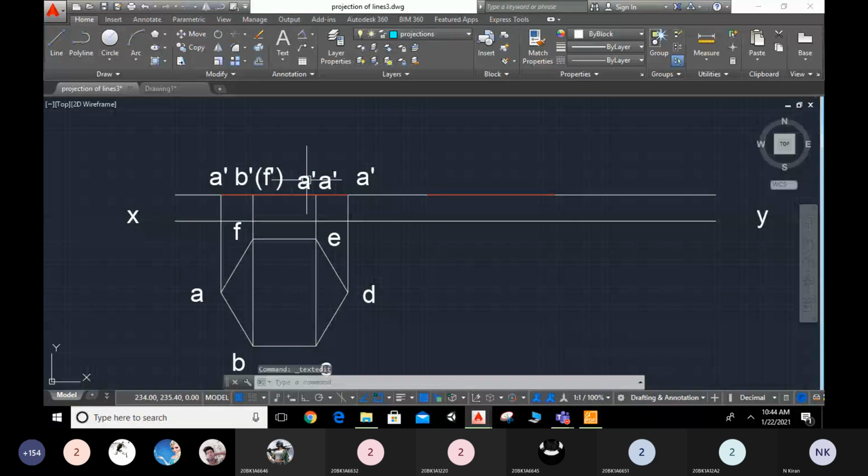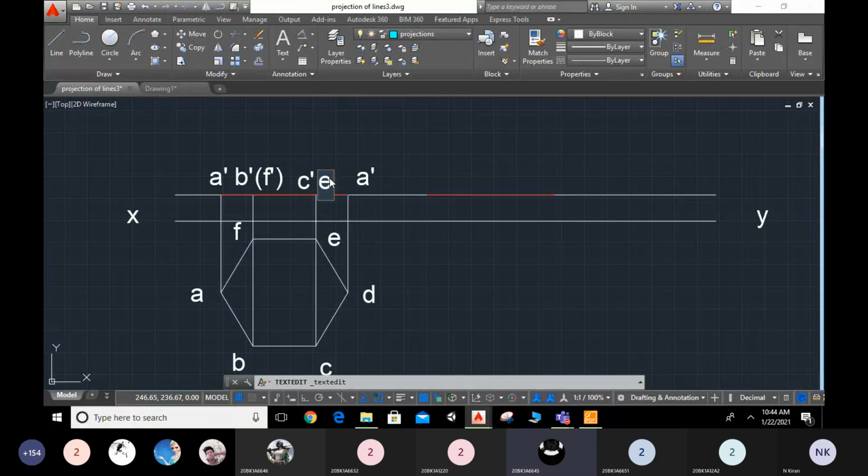Now here similarly, this is C dash, F dash, and this one E dash, and E dash should be in the brackets. Now what is this last one?